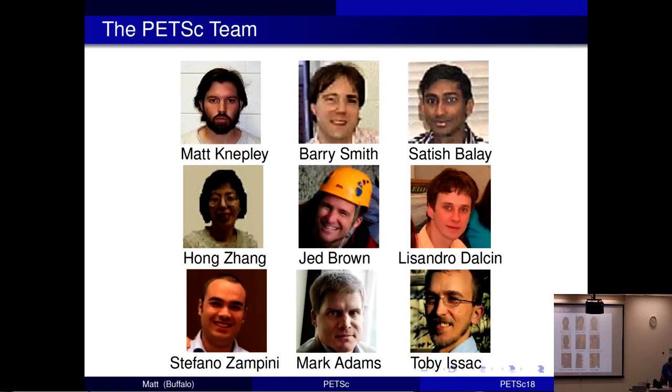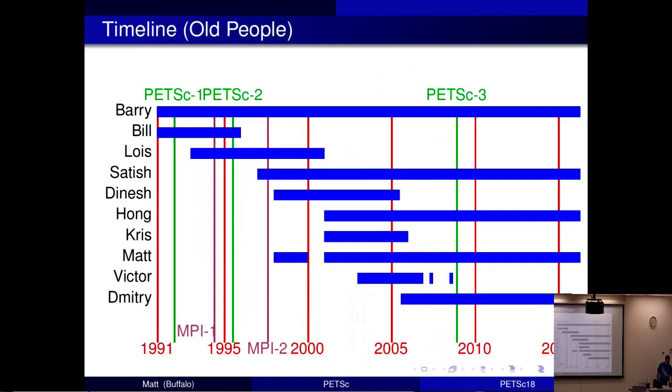So these are some of the people in the project. Younger people have better pictures, obviously. And just to give you an idea of how old it is, some of us are very old at the top and have been doing a lot of work. So I used to show this slide, and it used to even end about here.